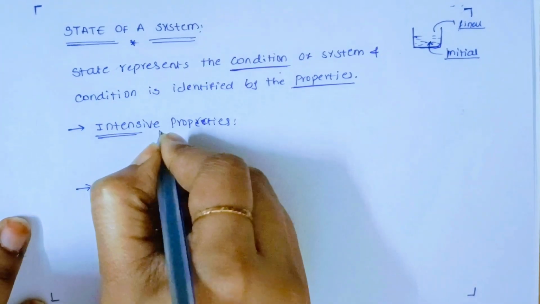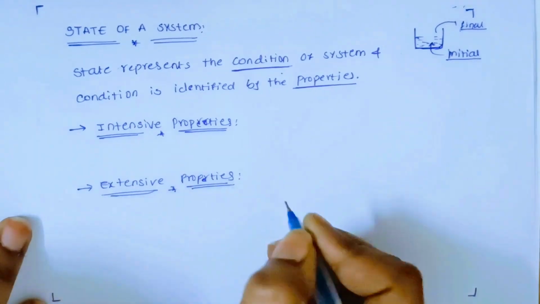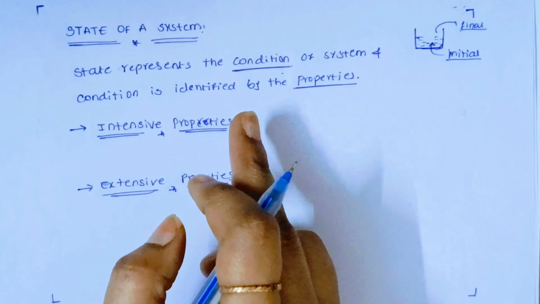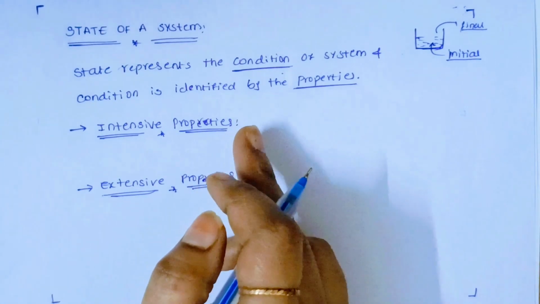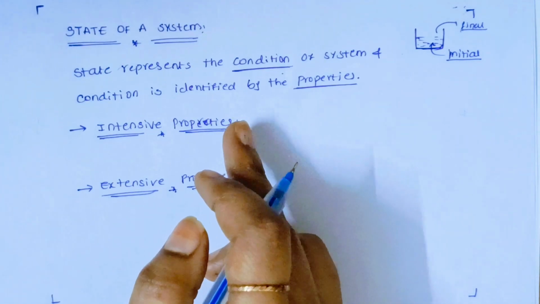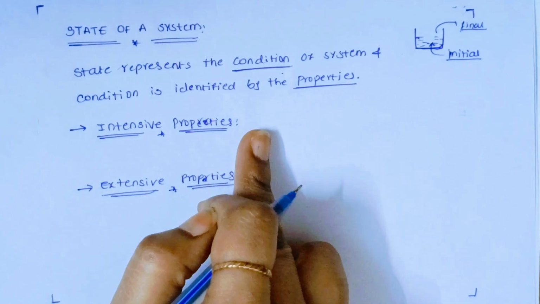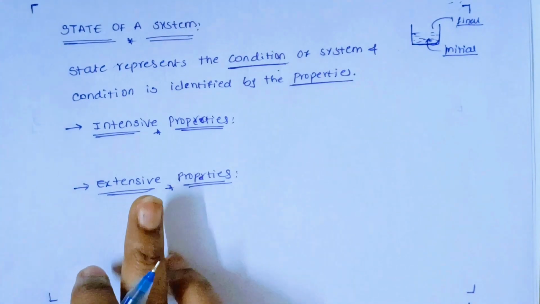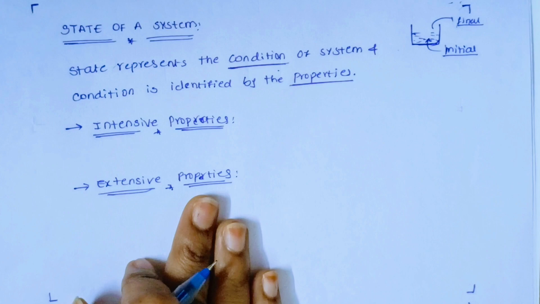Intensive property is independent of the mass of the system. Intensive properties are the properties which are independent of mass, and extensive properties are the properties which depend on the mass or size of the system.